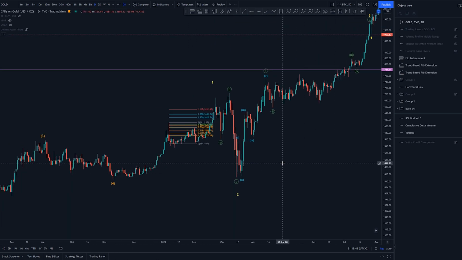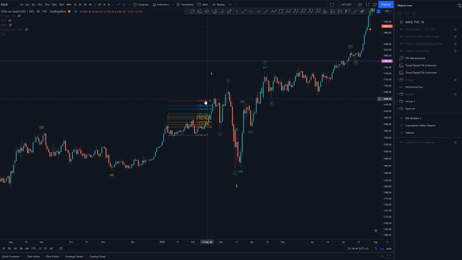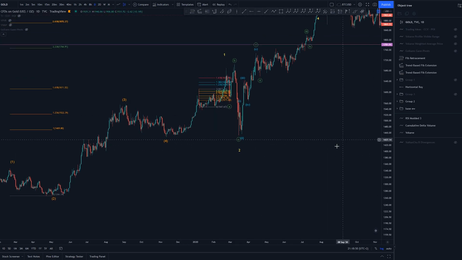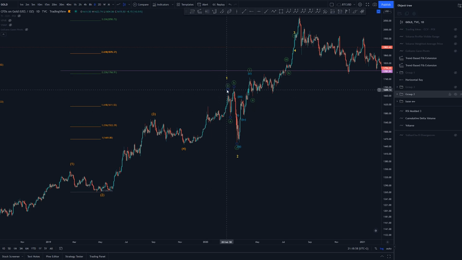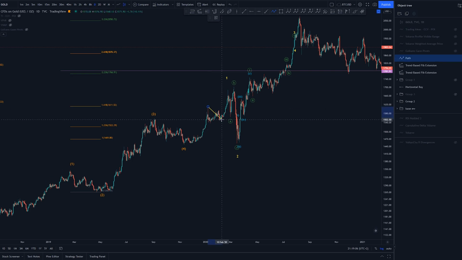Let's zoom in a bit, but this does quite a bit more. So that is why I'm really hesitant about placing 3rd here and then ABC into ABC and then the 5-wave move. So it would be something like this.